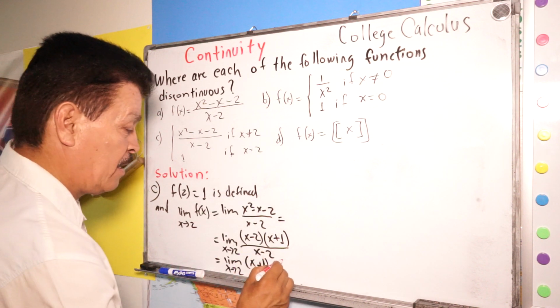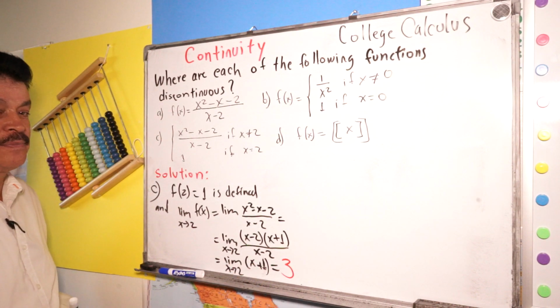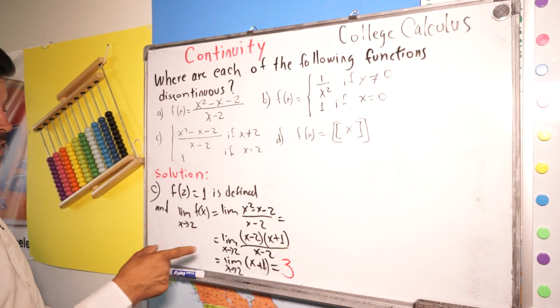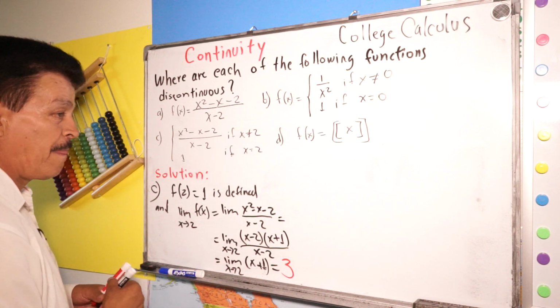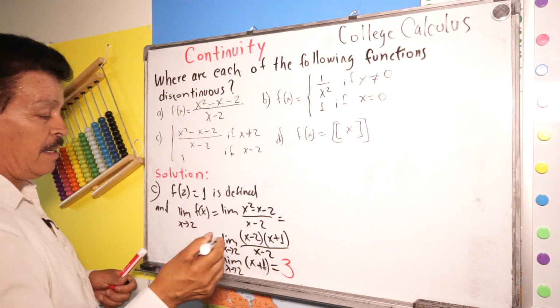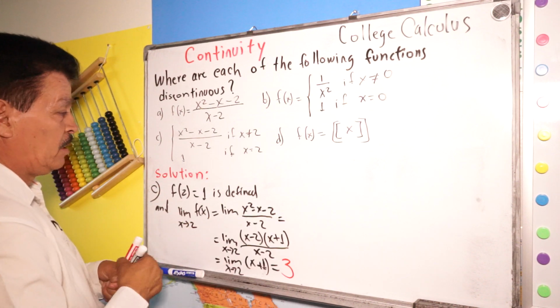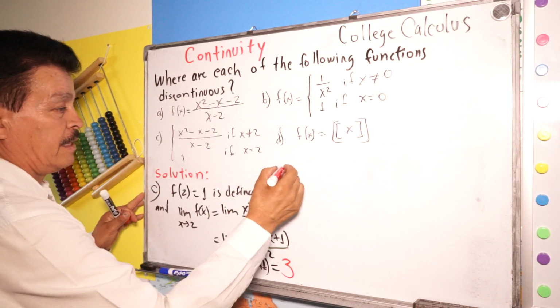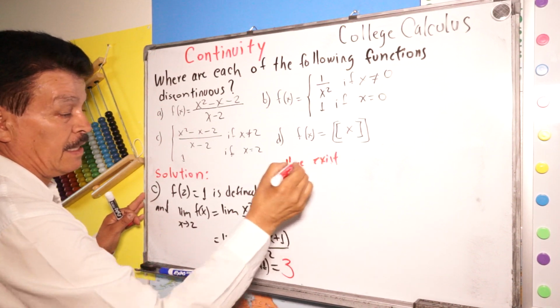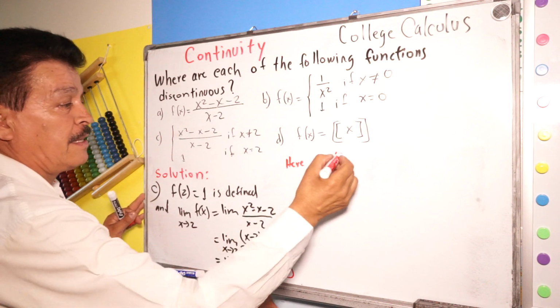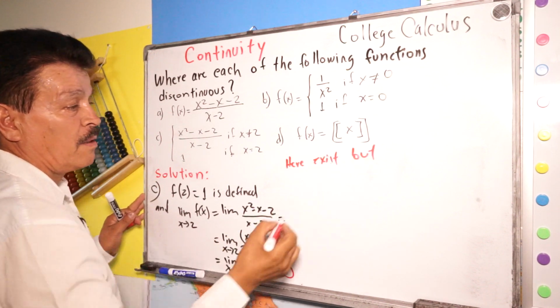So the limit exists in number C. But what happened here?